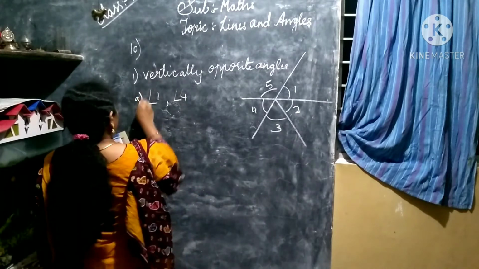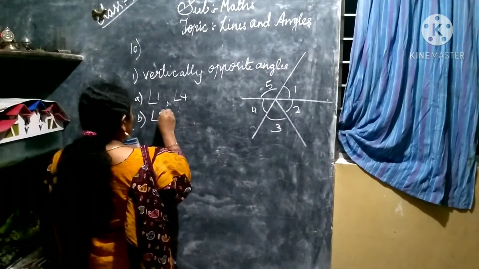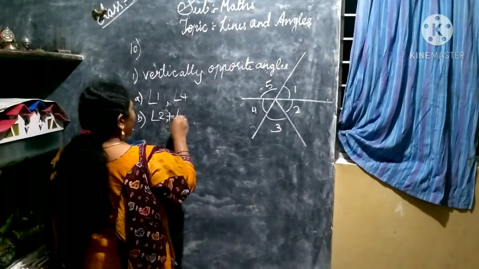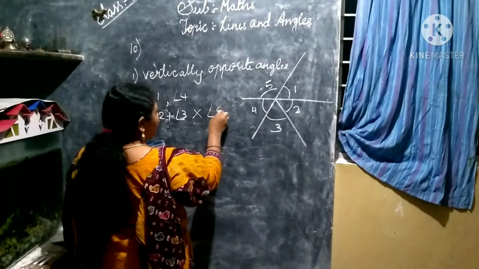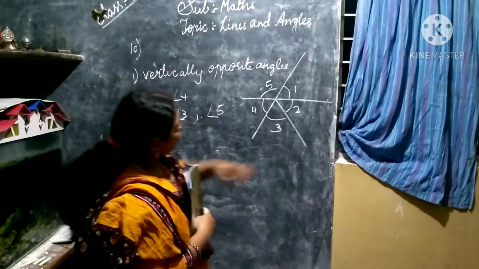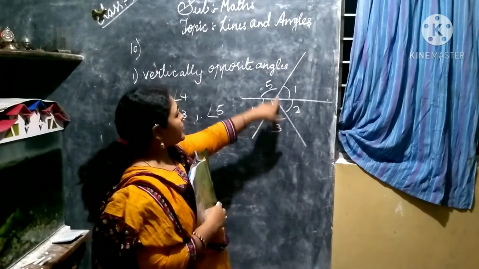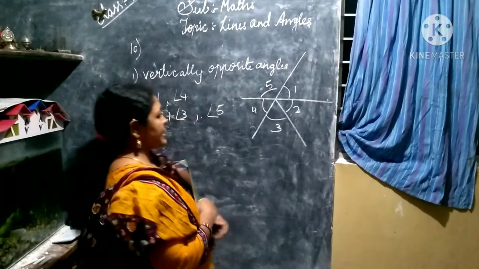So that is one pair. The second pair you can get is angle 2 plus angle 3 vertically opposite to angle 5, isn't it? Angle 2 plus 3 can be vertically opposite to this because they are cutting the two straight lines.